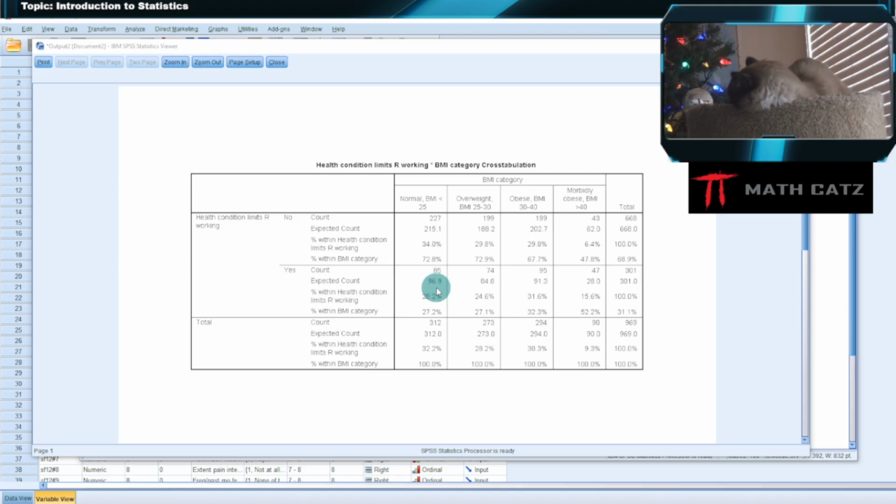So we can see here that our expected count for women in the normal BMI column that should answer yes, we expect, is about 97. And we got an actual count, an observed score, if you will, of 85. There's a difference there. Is it big? It's hard to say, right? That's the whole point of the chi-square test.